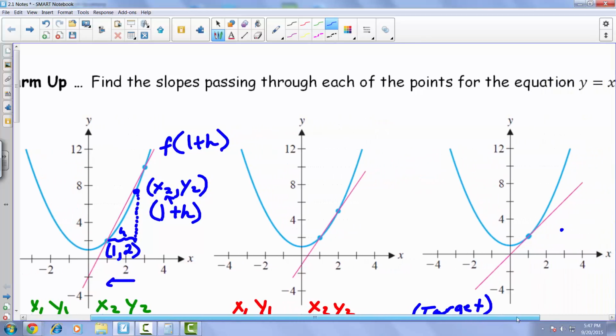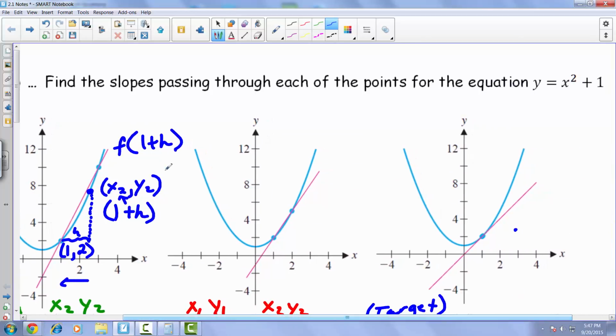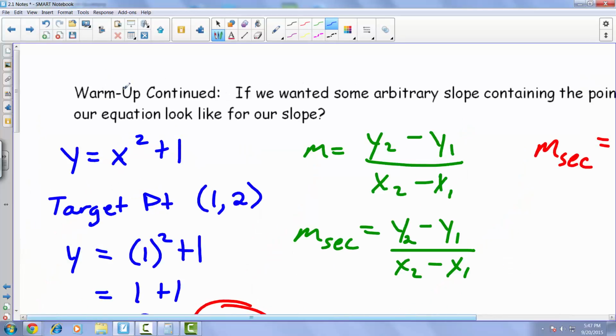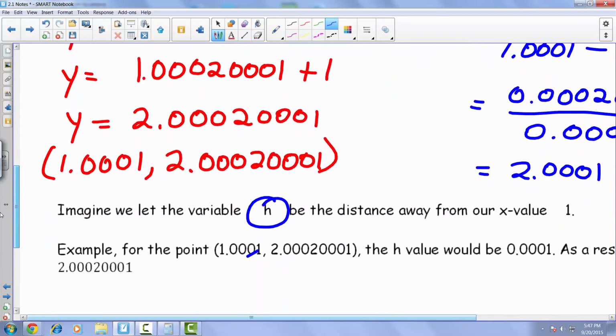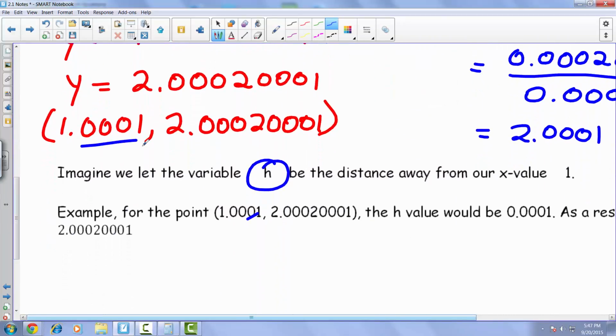Whereas in the third one, it went from 2, 1, and now something a lot smaller. And then from our warm-up continued, we saw it get very, very close to 1.